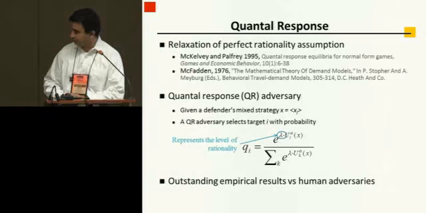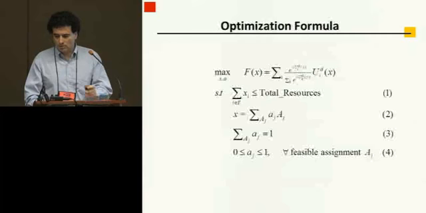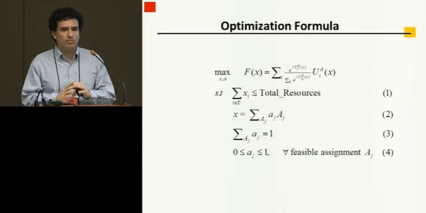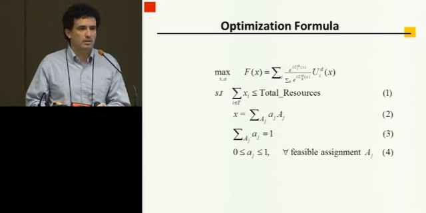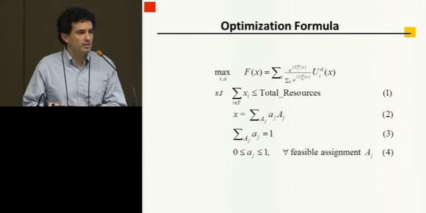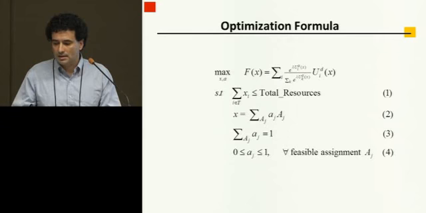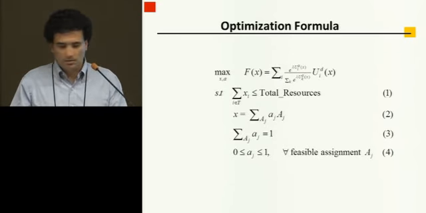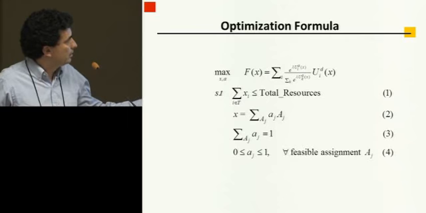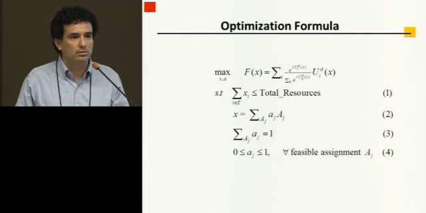Thank you, Milind. We begin by outlining 3 contributions that we made on the research side to be able to solve these Stackelberg games with quantal response adversaries. The first contribution is formulating a mathematical programming problem that we see here, in which we are maximizing the expected leader reward, where the probability of the adversary selecting target i is given by the quantal response probability that Milind just outlined.